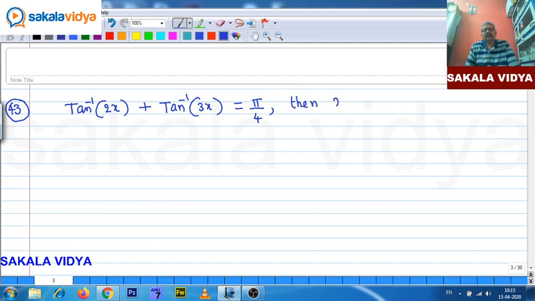Then x is equal to: first option is 1 by 2, second option is 1 by 4, third option is 1 by 6, fourth option is 6. This is the question.